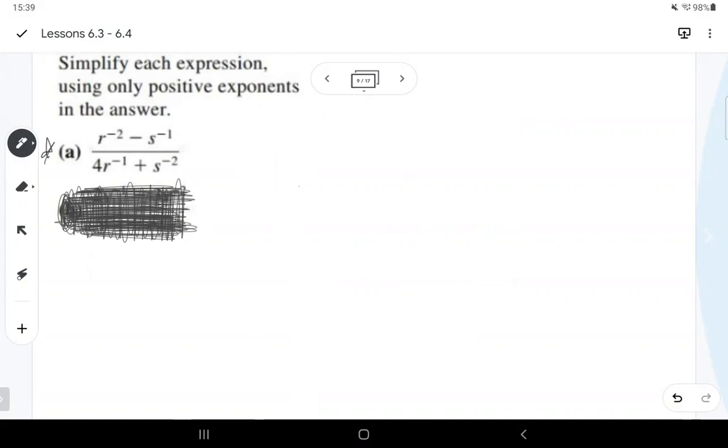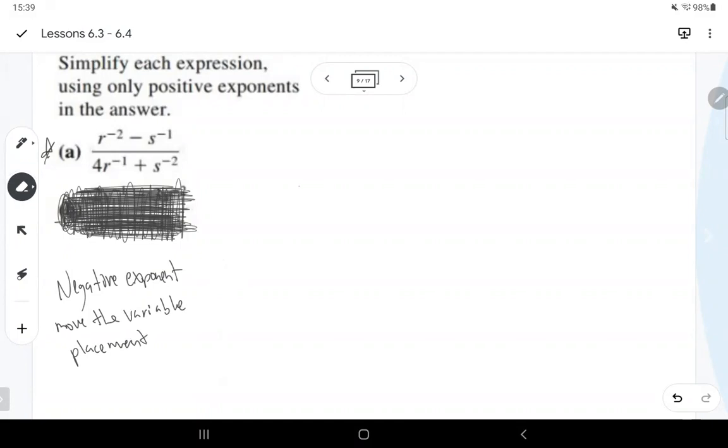Anytime you have a negative exponent, we want to move the variable placement. That doesn't mean move it to the left or the right. If it's on the top, you move it to the bottom. If it's on the bottom, you move it to the top.